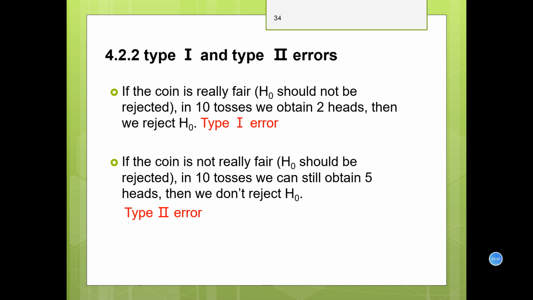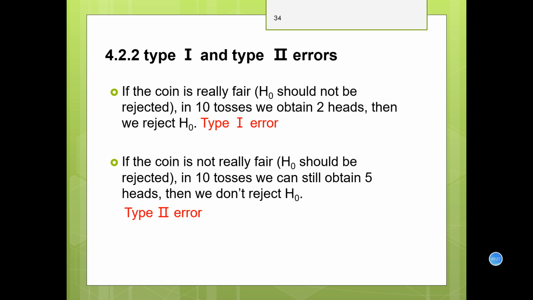It's not possible for us to get only 2 heads. So we believe that the coin is not fair, so we reject the H0. But actually H0 is true. But we do not know that, right? We do not know the truth. We just make a decision based on what we can see in this study. So we make a wrong decision. So here we make a type 1 error.